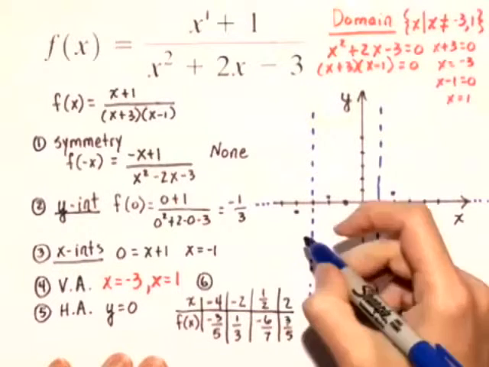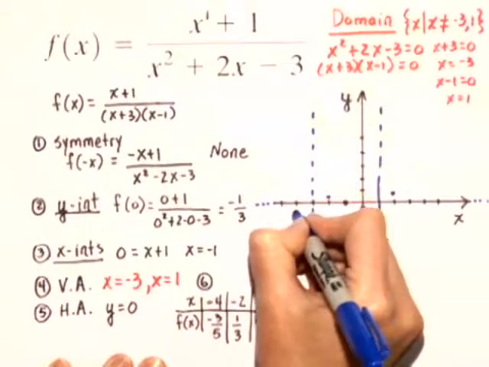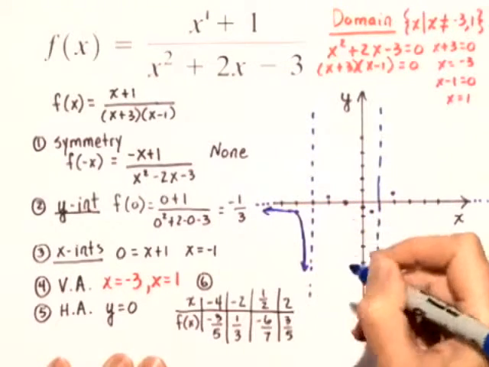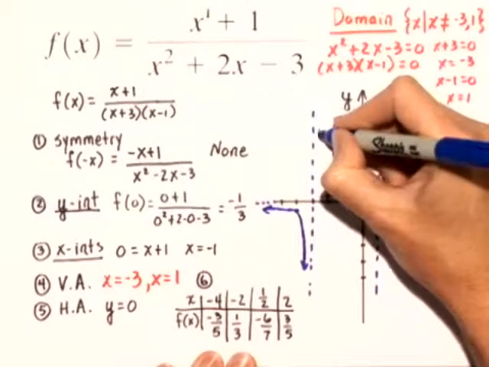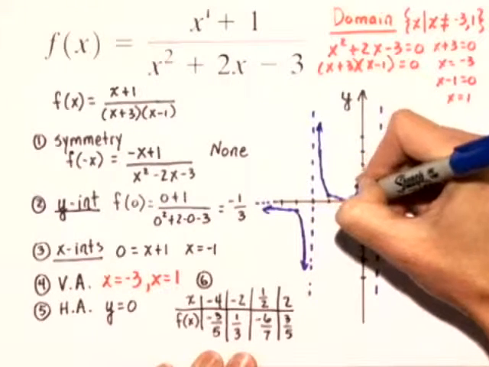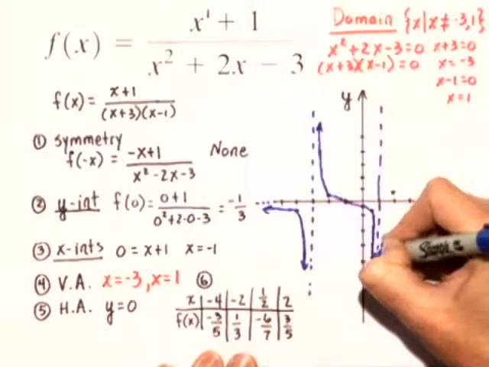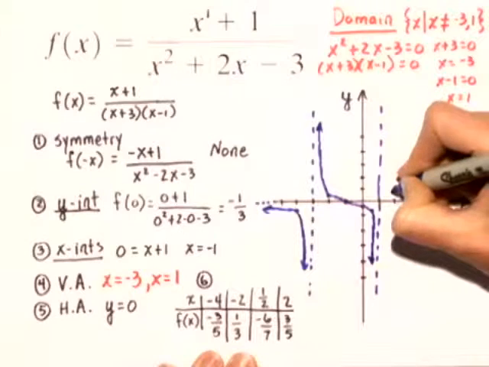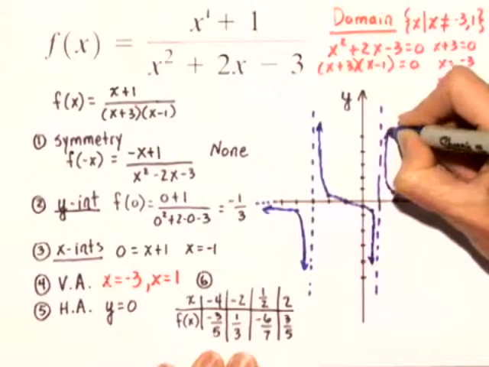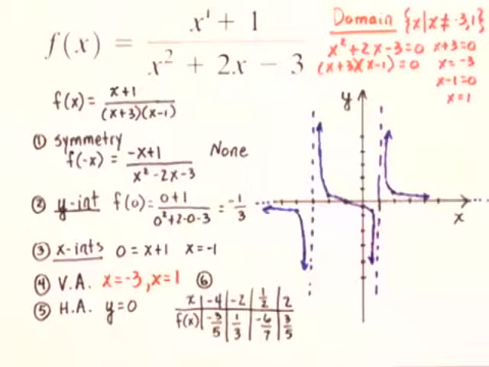We know that the graph will tend toward the asymptotes, so I can sketch it in here. And then in between the two vertical asymptotes, I can make a sketch. And then finally, to the right of my last asymptote. And here's a sketch of the function.